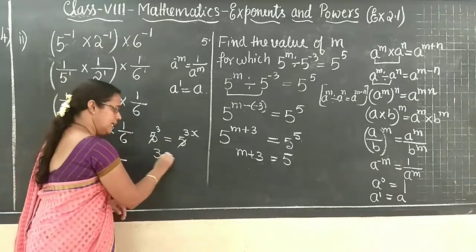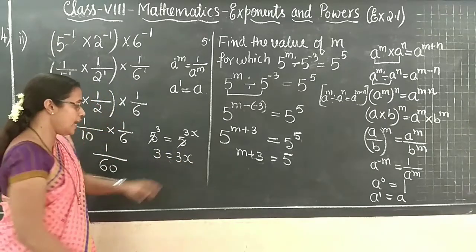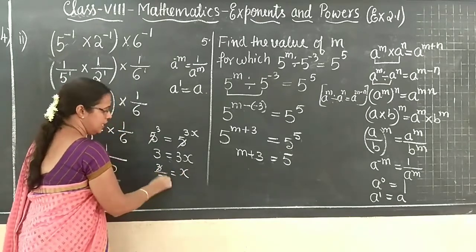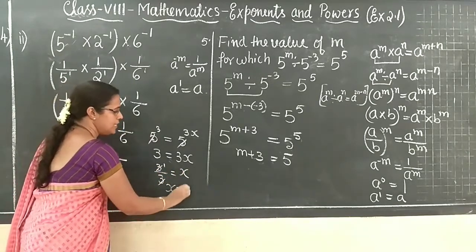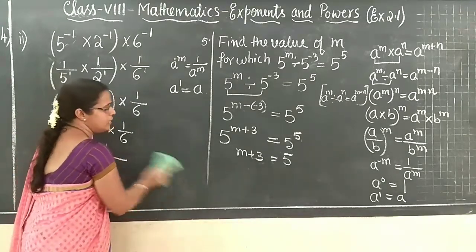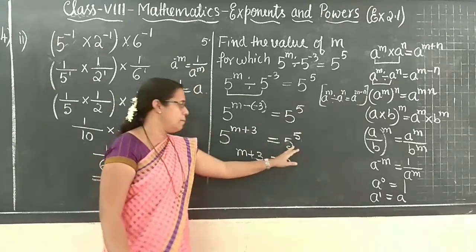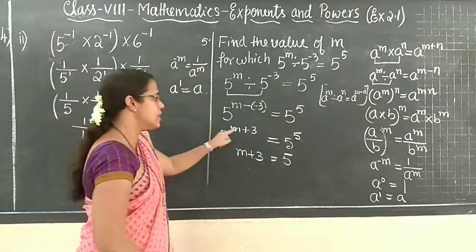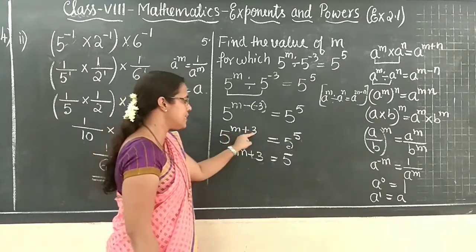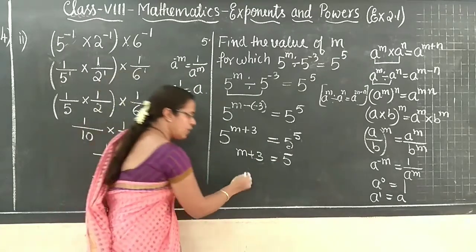Who is remaining? 3 is equal to 3x, then x is 3 by 3, so the value of x is 1. So you have to understand: on that side of the equal sign and this side, the bases are the same, so cancel them, and write the powers as they are. In the sense m plus 3 is equal to 5 you have to write, so that you can find the value of m.